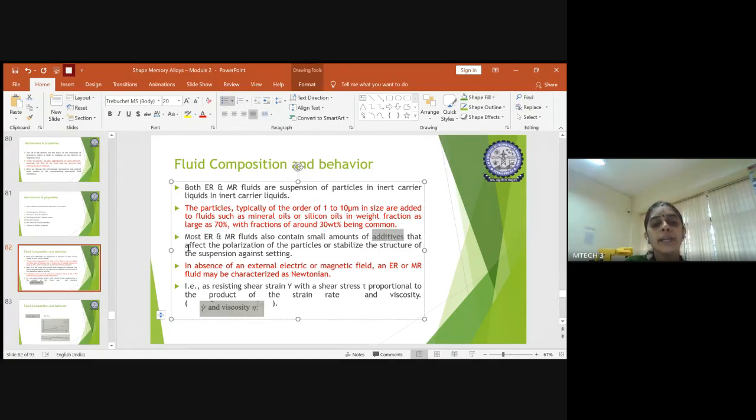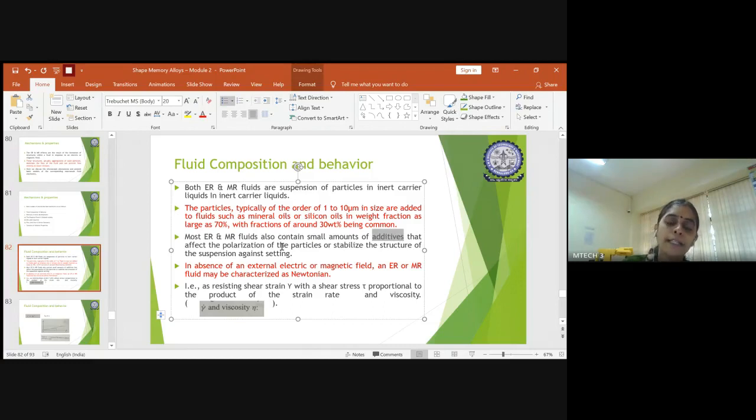When you subject an electrical field through the fluid, polarization of the particles takes place, and the particles get aligned. The negative charge attracts towards the positive, and the positive with respect to the negative, and they align and make a network connection, which helps in improving the viscosity of the fluid. But once the electric field is removed, it gets depolarized.